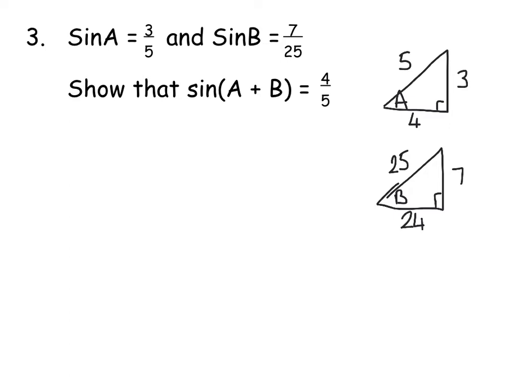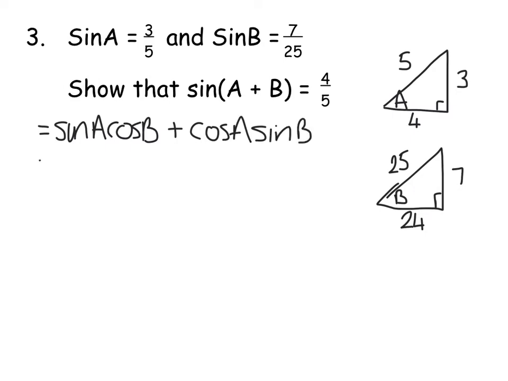Okay, so now I've done that, I'm going to do my expansion for sine A plus B. That would be sine A cos B plus cos A sine B. The sine one I always remember is just a wee bit symmetrical and it goes A, B, and the coses are in the middle. Sine of A would be your opposite over hypotenuse, which is 3/5.